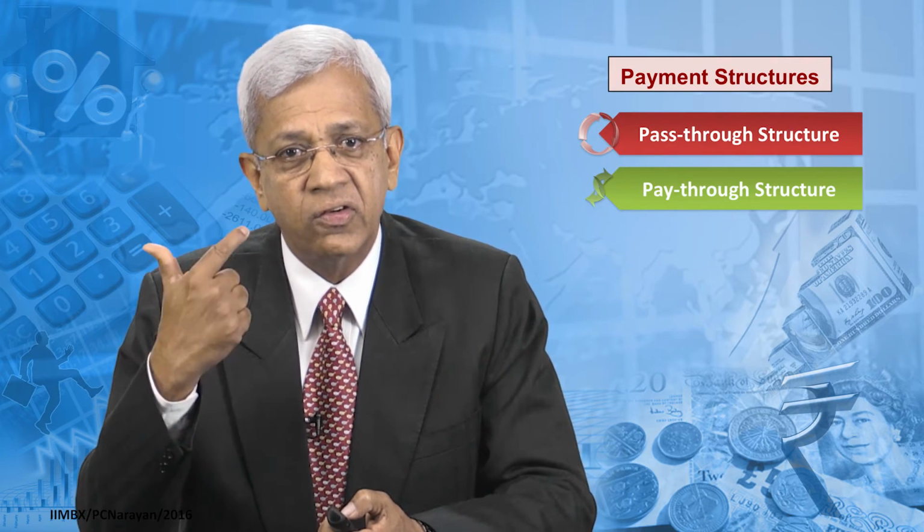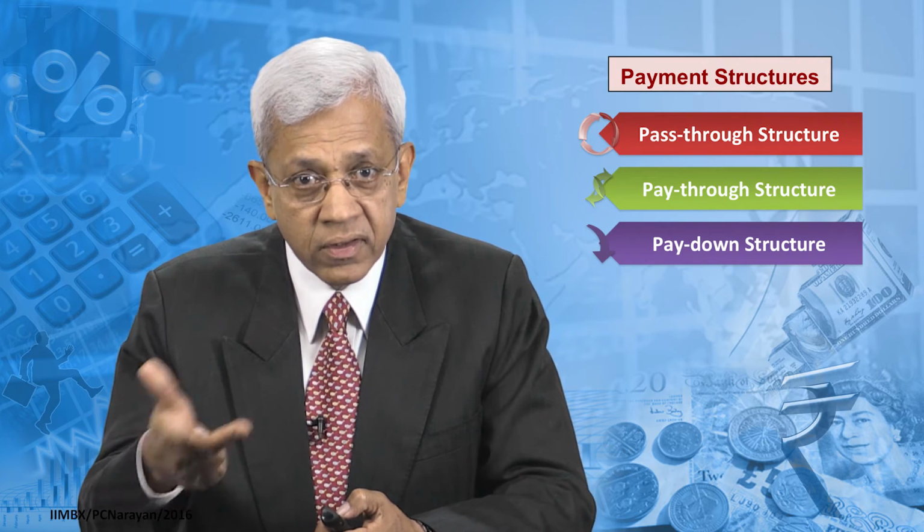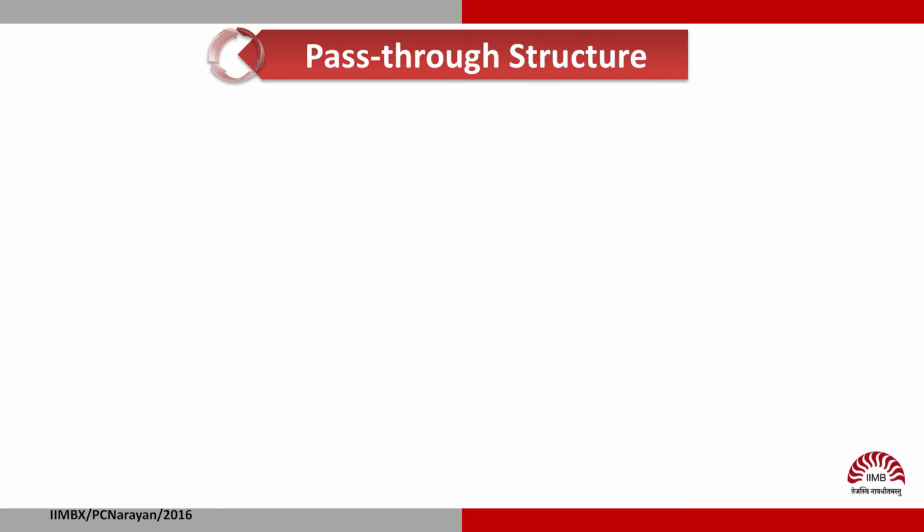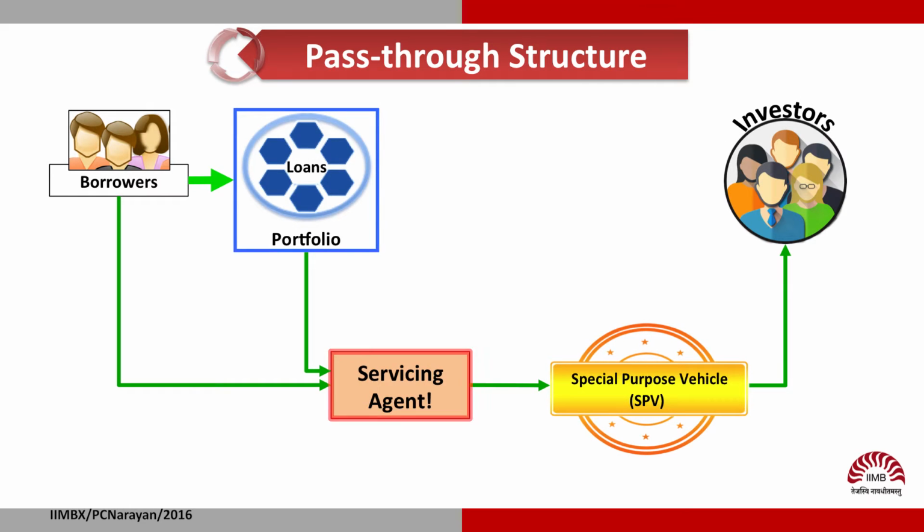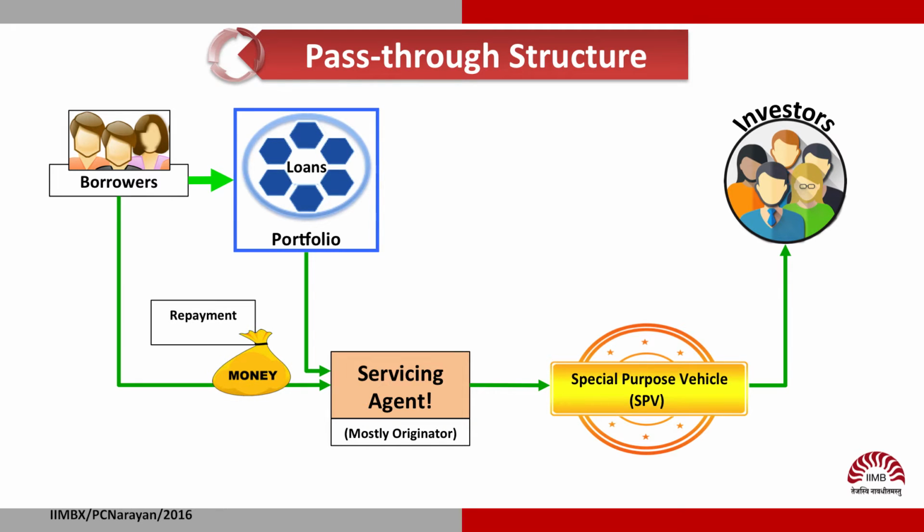There are three types of payment structures: pass-through structure, pay-through structure, and pay-down structure. Let's look at each of those in some detail. First, the pass-through structure. In this structure, the servicing agent, in most cases the originator, collects the repayment against the loans on the due date.